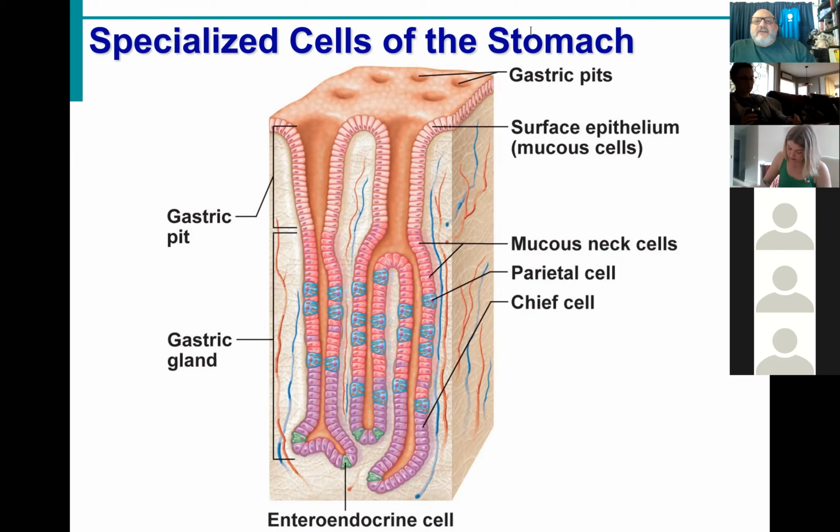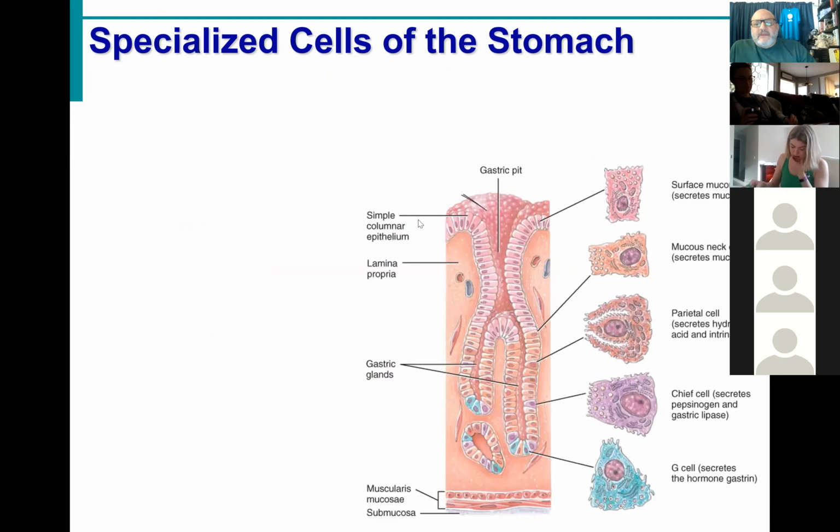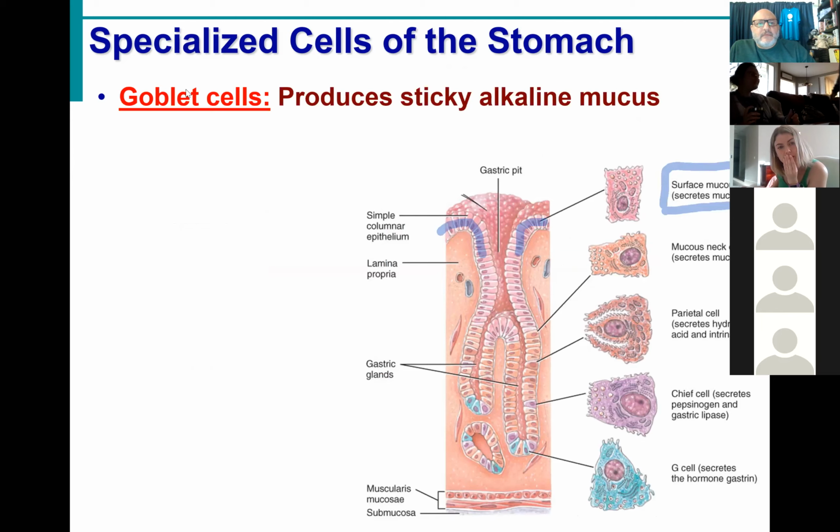Let's talk about these a little bit more. Here we see another illustration that again shows these. Notice we have our normal surface epithelial cells with those surface mucus cells producing that sticky alkaline mucus that is going to, again, protect our stomach, right?